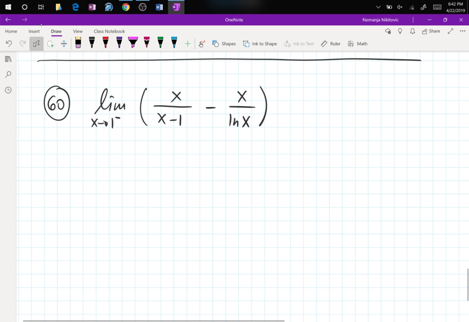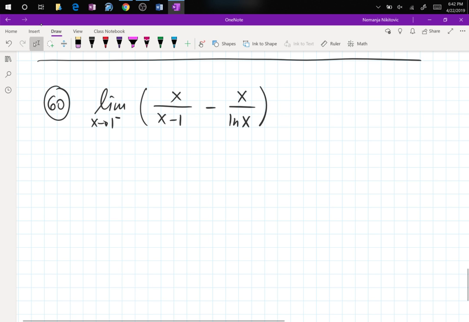This is an amazing problem. Suggestions? So, can we factor? First, is this infinity over infinity? The answer is, infinity minus infinity.